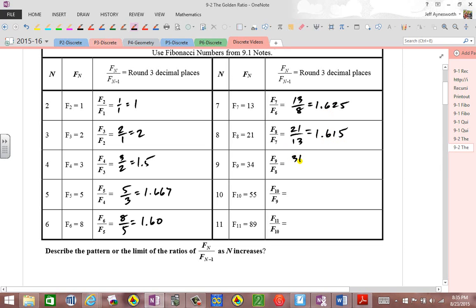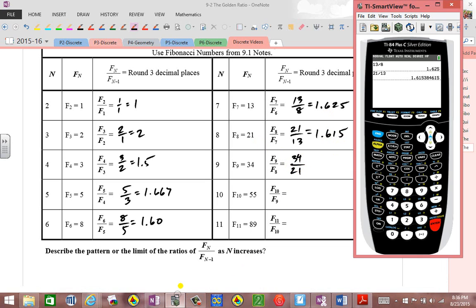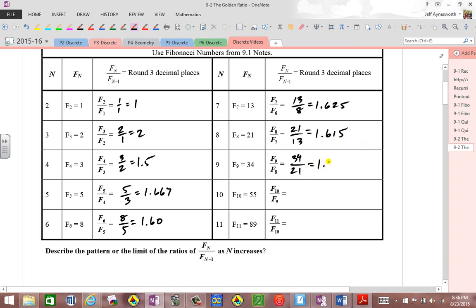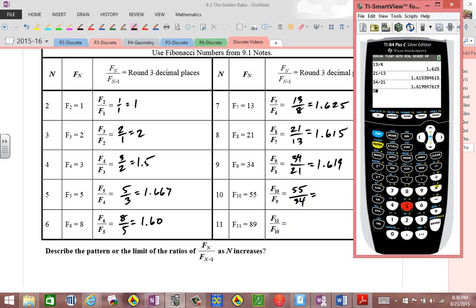Then you take 34 divided by 21. This is where technology helps out a little bit. 34 divided by 21, you get 1.619. And then you take 55 divided by 34, and you get 1.618.